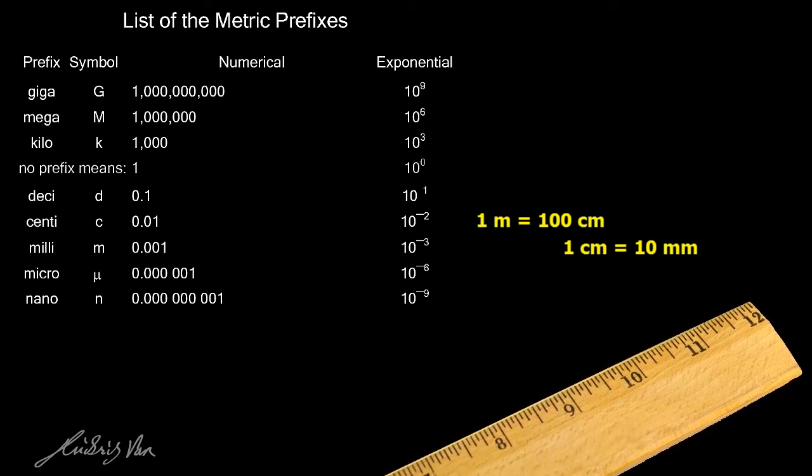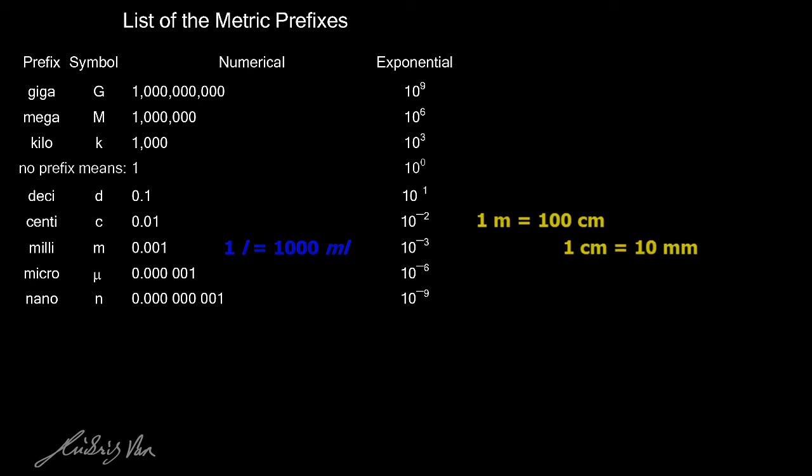If you want a more direct way, it will be 1 liter is equal to 1000 milliliters. So milli is 1000 times less than 1. While for deci, there is decimeter, which you have not learned yet. So you just have to remember deci as 10 times less.